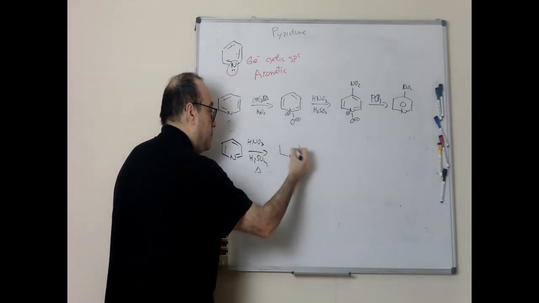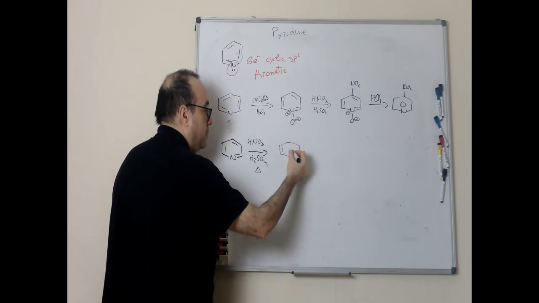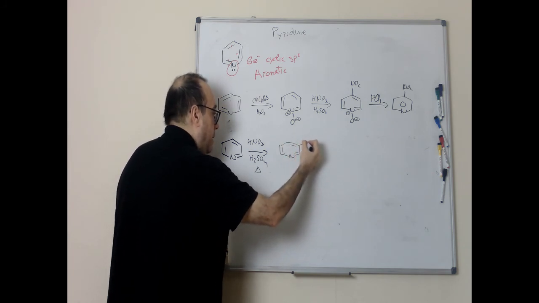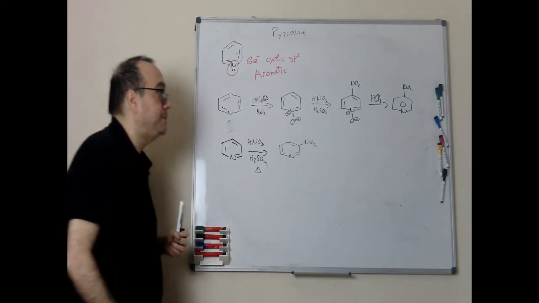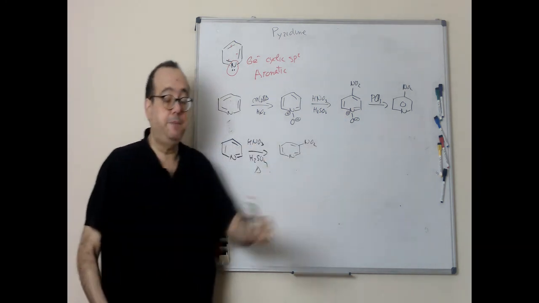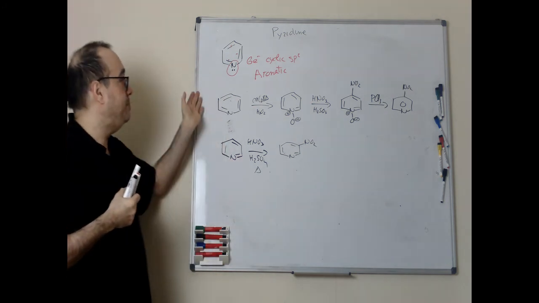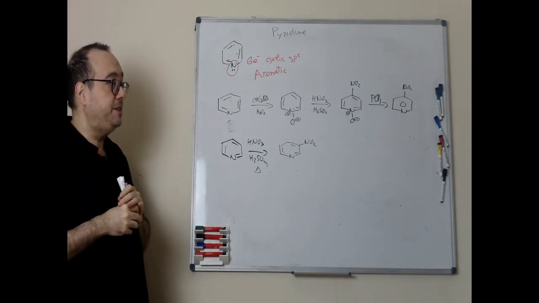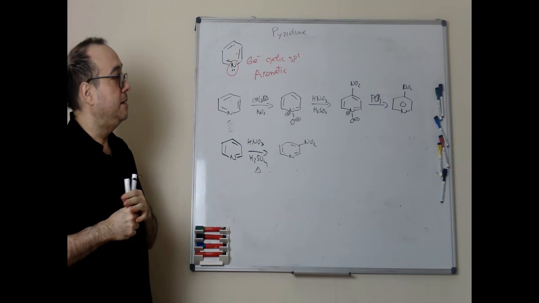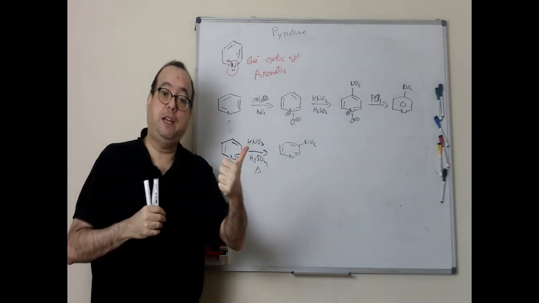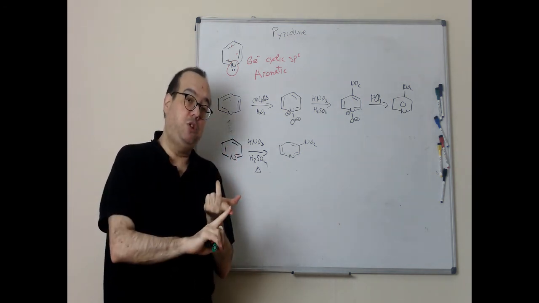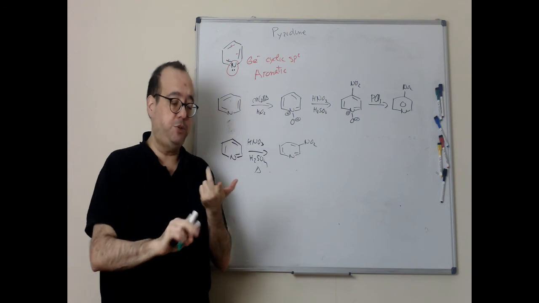Second, the orientation will be meta instead of para. Okay, this is the most important reactivity of pyridines: poor substrate for electrophilic aromatic substitution, very good substrate for nucleophilic aromatic substitution.